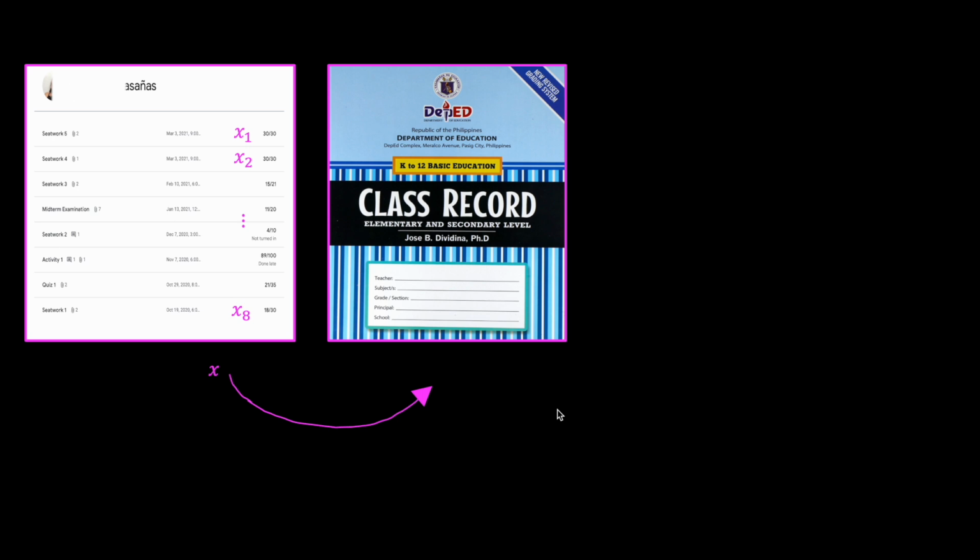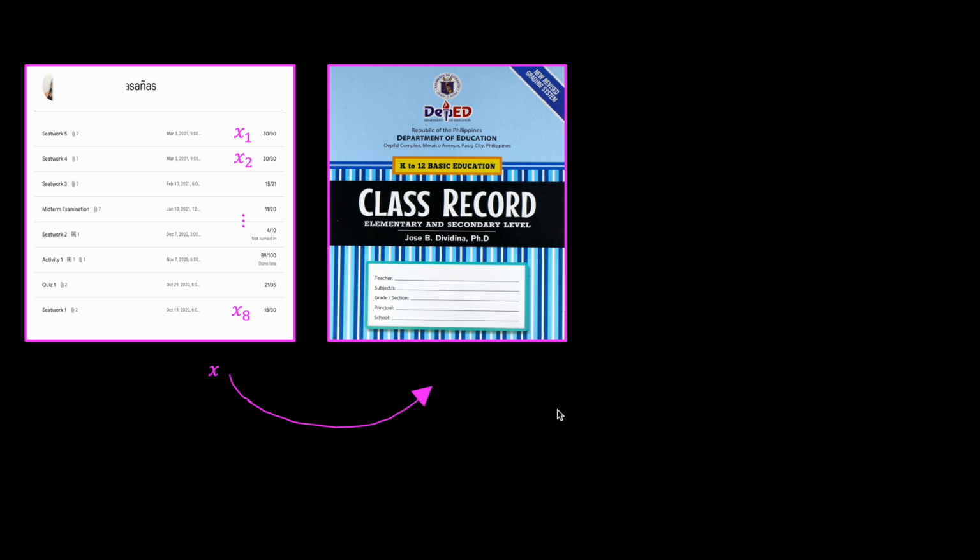Let us provide some good examples of composition of functions in real life. Let's say I will produce a grade of a student through her Google Classroom, and we have some outputs, 8 outputs actually. So we will label these from x sub 1 to x sub 8. Now let's say these values represent the single x, and this single x will now travel into another dimension, which is the class record.